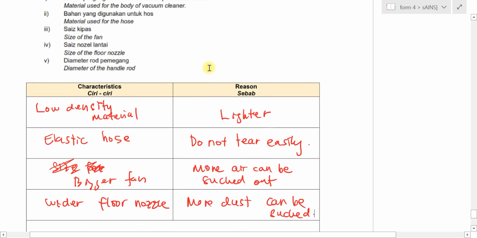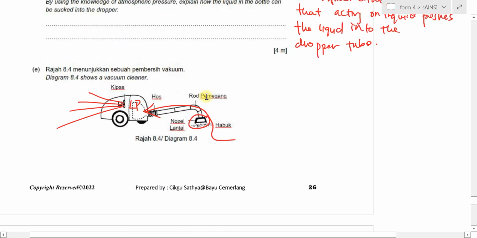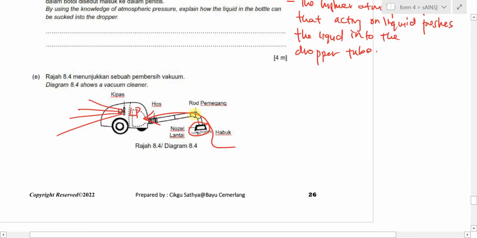Next is the diameter of the handle rod. If you remember where we learned the Bernoulli principle, when it is a smaller pipe, the air moves very fast.